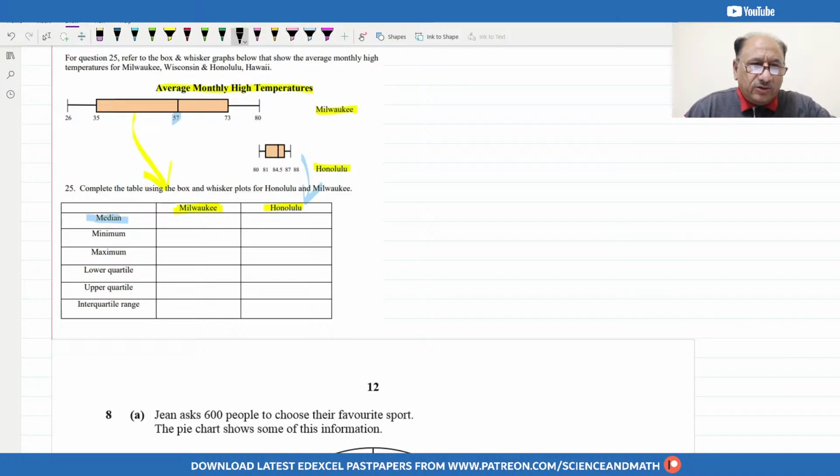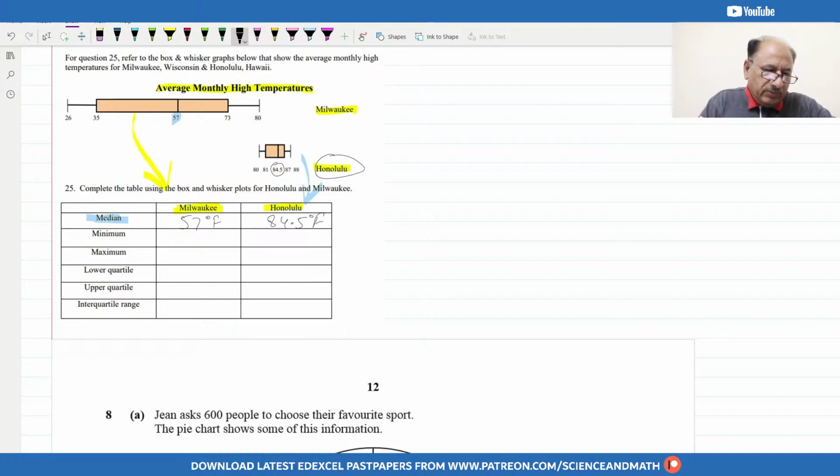57 is the middle value, so we can write here 57 degree Fahrenheit, because this is temperature, and this is 84.5 degree Fahrenheit in the case of Honolulu.